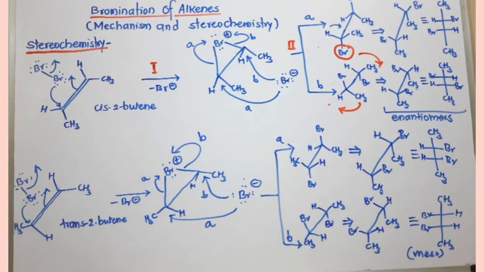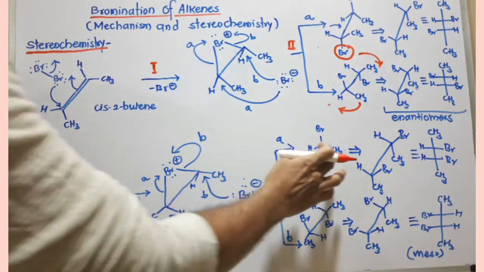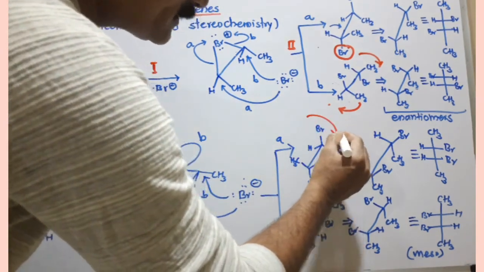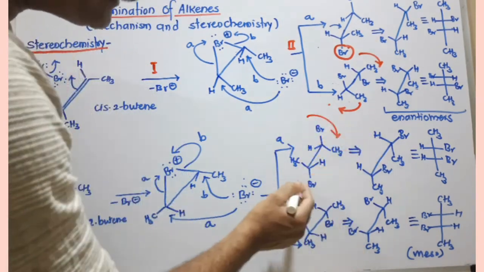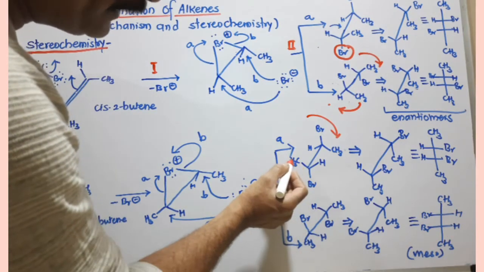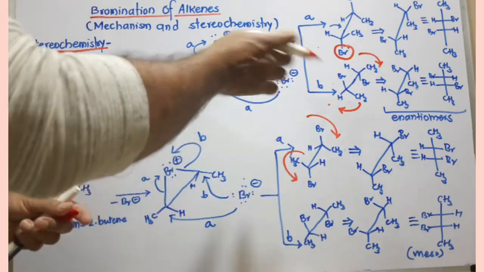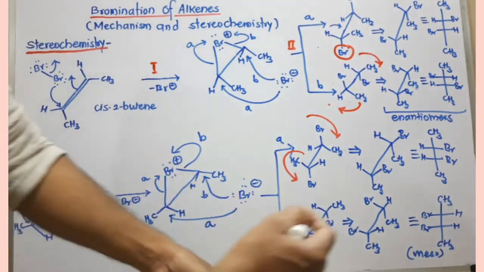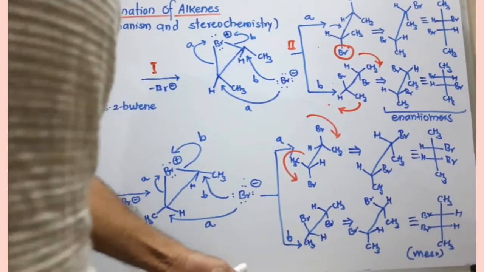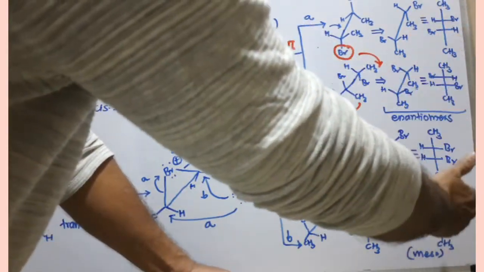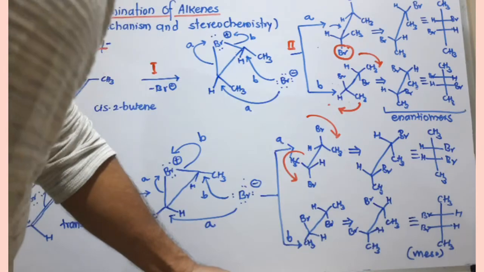Now again rotation is considered to bring CH3 down, so I have to rotate this carbon clockwise, and if I want to bring this CH3 down, I have to rotate this carbon anti-clockwise, counterclockwise. So now both CH3 are down, because we need to put them on the vertical line in Fischer projection formula.